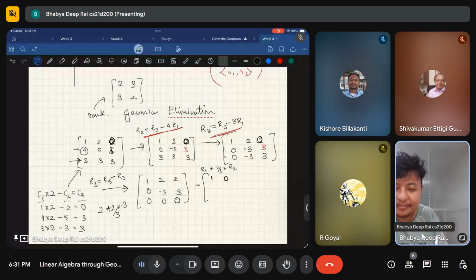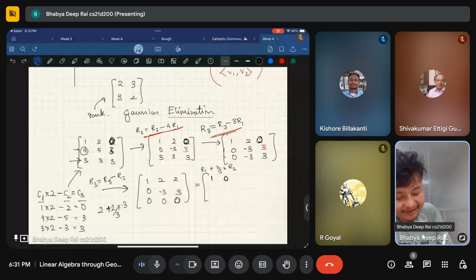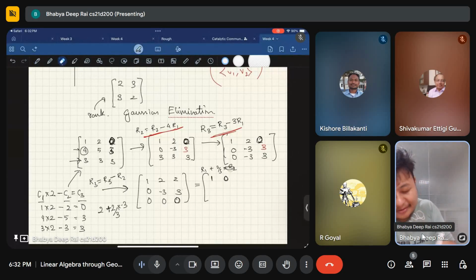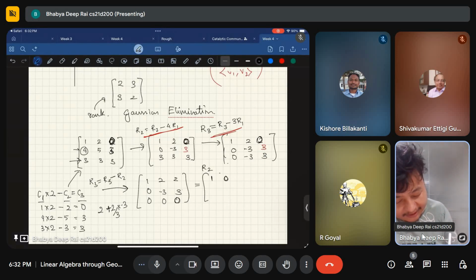I'll just do R2 plus 3 by 2 R2, and make this 1. That's just the next step to make this 1. So the complete Gauss-Jordan algorithm would say R2. Okay, in R2, what do?